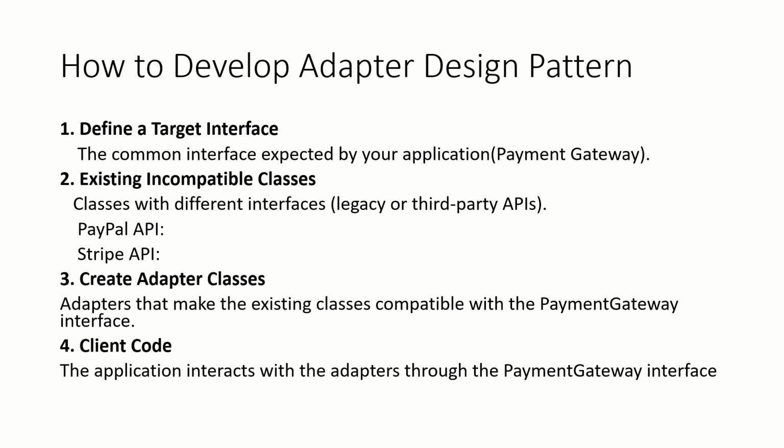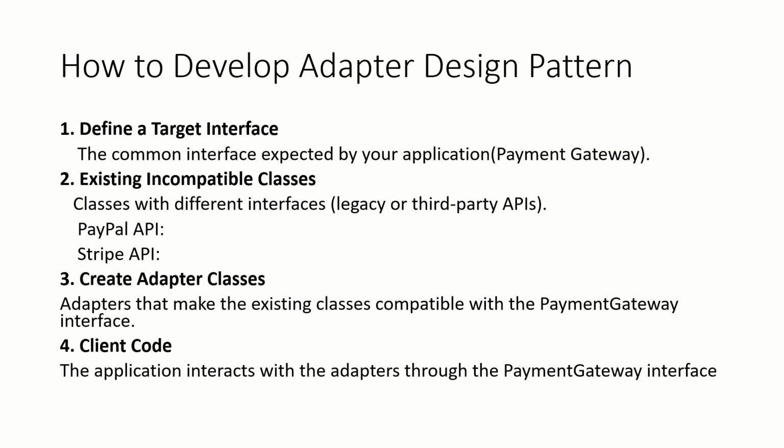Here you have to define a target interface, the common interface expected by your application. Let's say you have created one payment gateway, and with the help of the payment gateway interface, you want to do the payment. Now these classes like PayPal, Stripe, or Razorpay have different methods for the payment which are not compatible with the payment gateway.